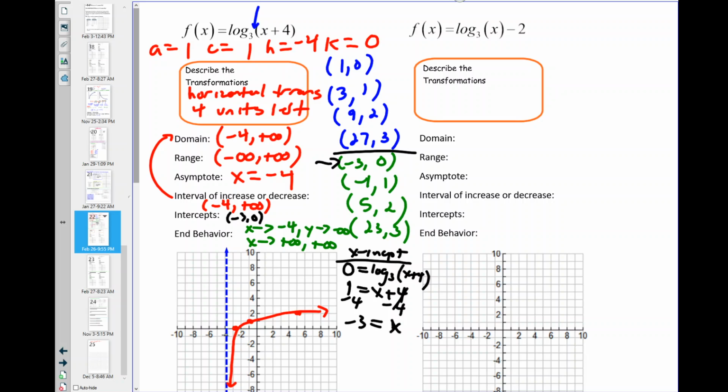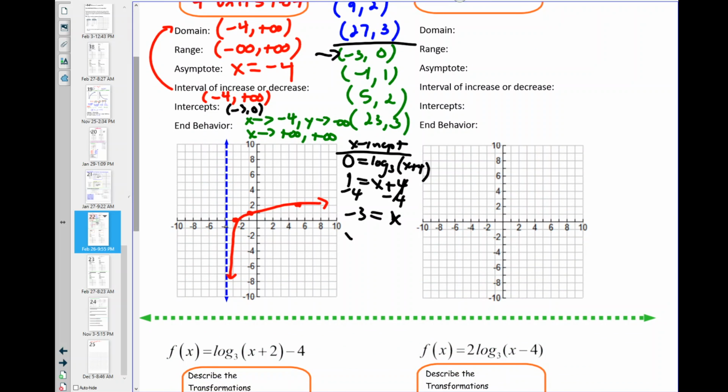Now let's find the y-intercept. How do we find a y-intercept? Yeah, plug in a 0 for x. So y is equal to log base 3 of 0 plus 4, which is log base 3 of 4. That's going to be irrational. I guess you can round. What's log 4 divided by log 3? Put it in the calculator.